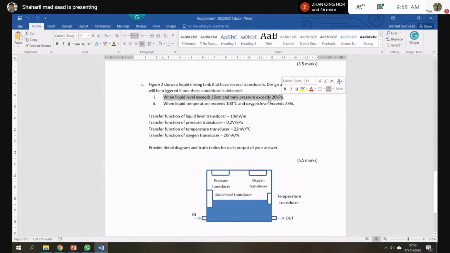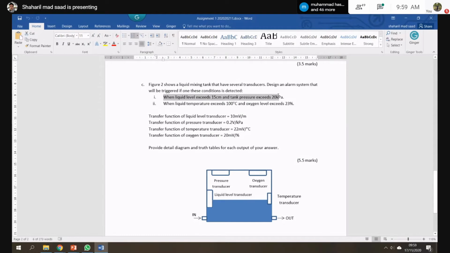And then it will be triggered if one of these, so at the end you will use the OR gate because it will trigger if one of these conditions occurs. Then when the liquid temperature exceeds 100 degrees and oxygen level exceeds 23%.